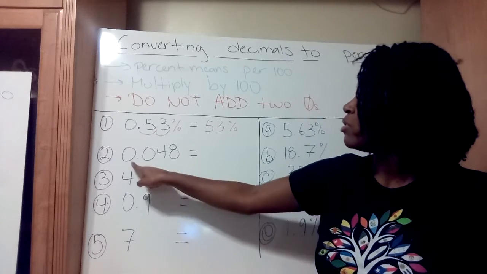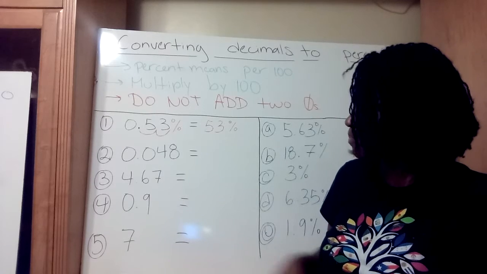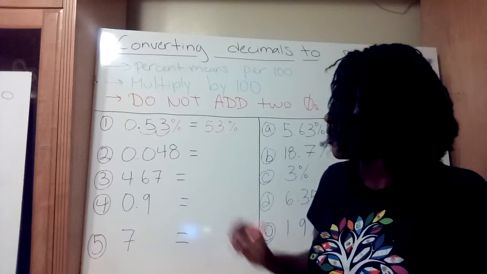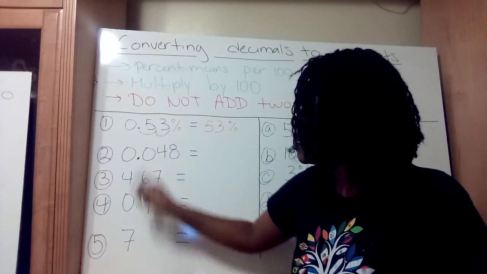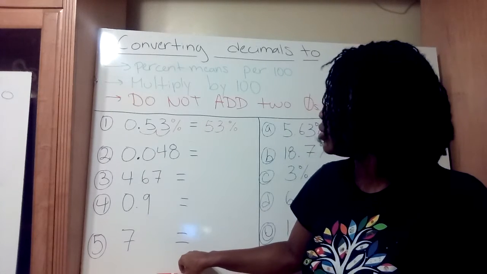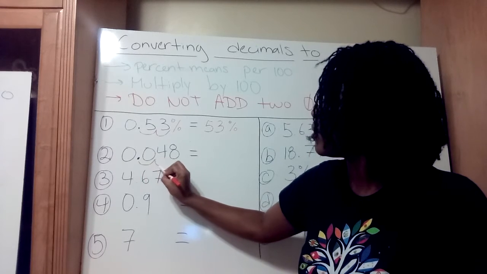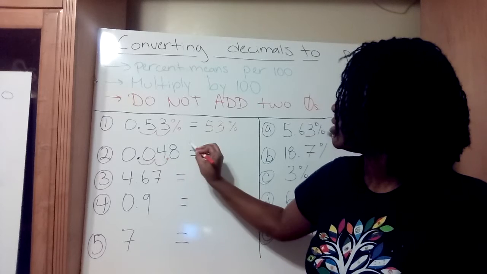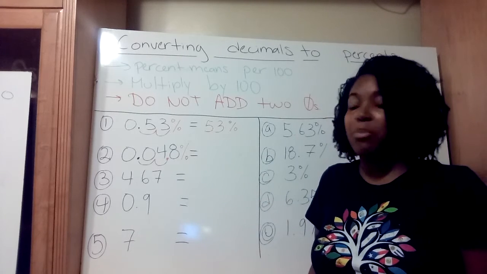All right, 0 and 48 thousandths. All right, I move my decimal point. It's right there. I gotta identify where it is. So there's my decimal point, and I need to move it 2 places to the right to demonstrate multiplying by 100. And that is where it becomes, and I add a percent to show that I'm done, and it is now a percent.